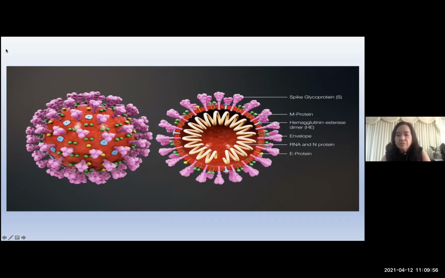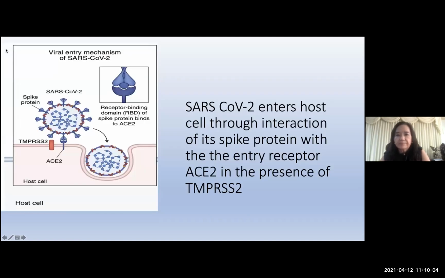The ACE2 is the receptor on the host cell membrane with a high affinity to the SARS-CoV protein. So how does it enter the body? SARS-CoV-2 enters the host through interaction of the spike protein with the entry receptor, the ACE2, in the presence of TMPRSS.